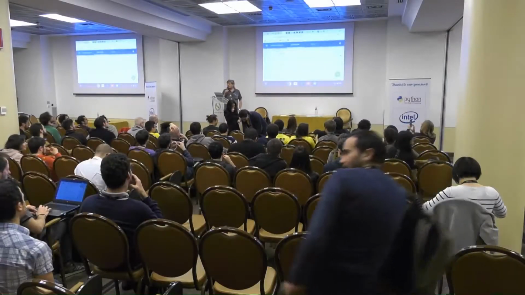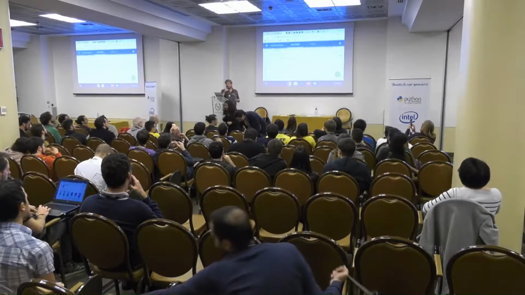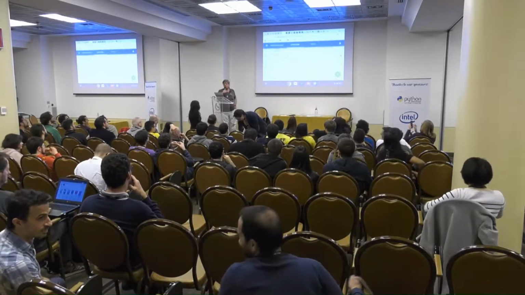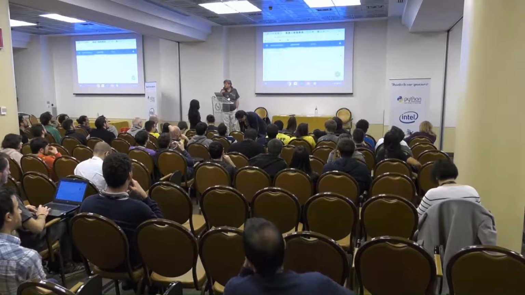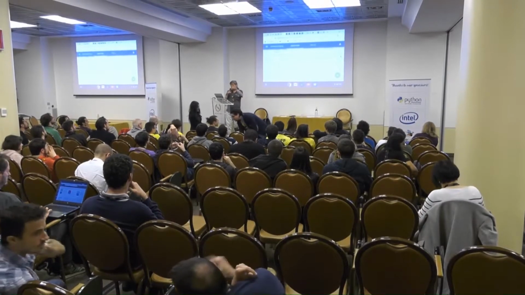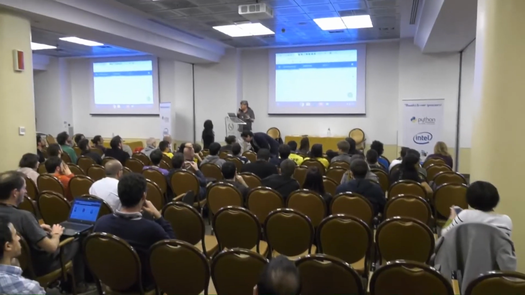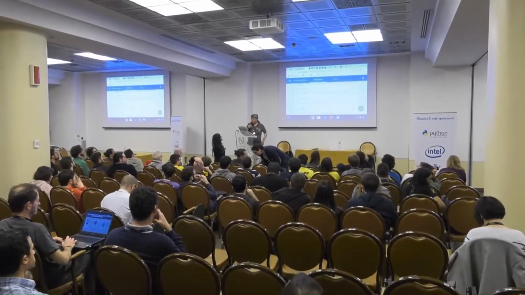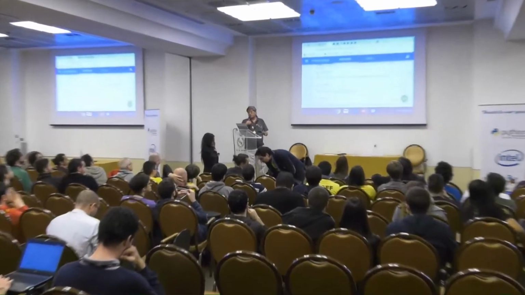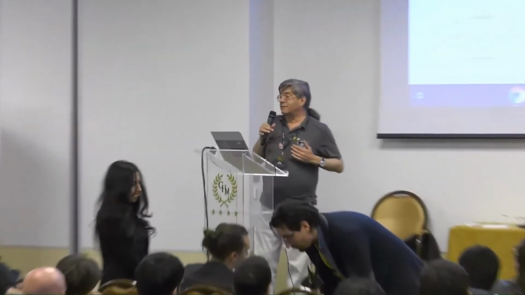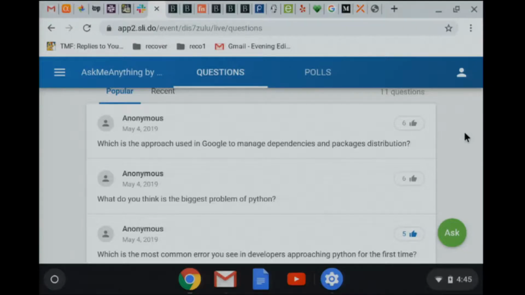We have 11 questions that have been asked online, and many have voted. I was thinking we can do alternately one of these, and then if there's a live question from the audience, and then back to the pre-asked ones. Of course, these are the ones I've had some time to think about and research in some cases.